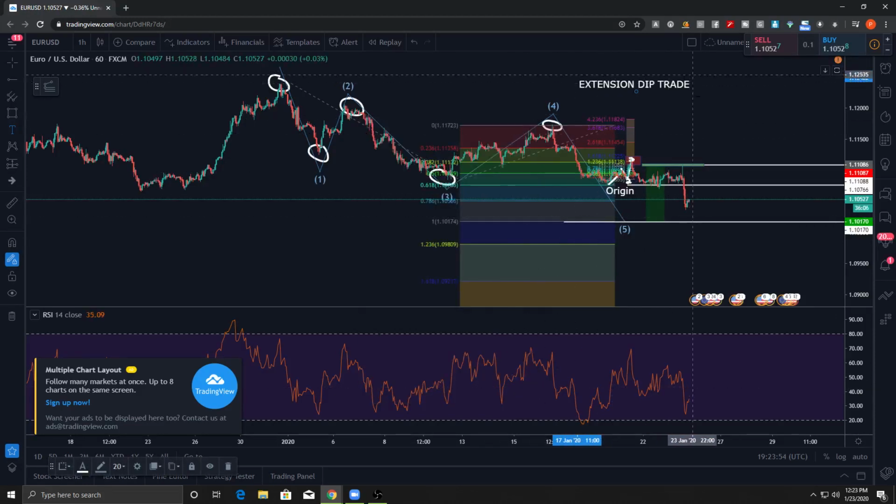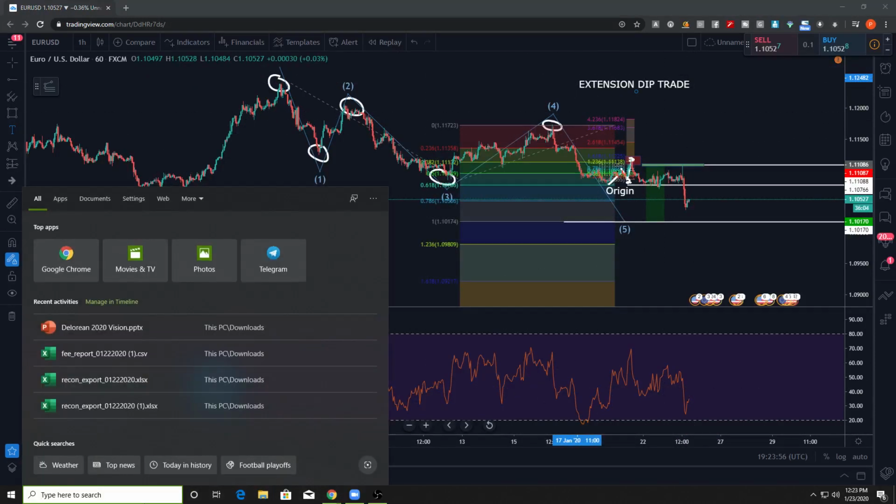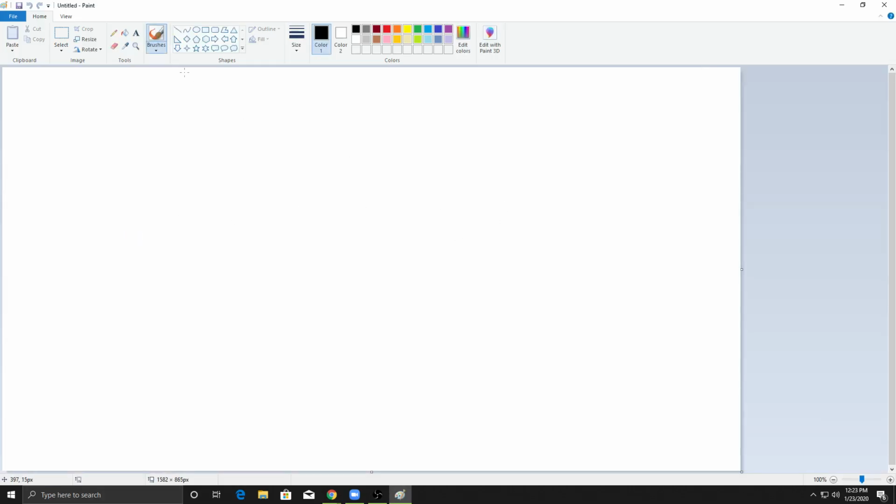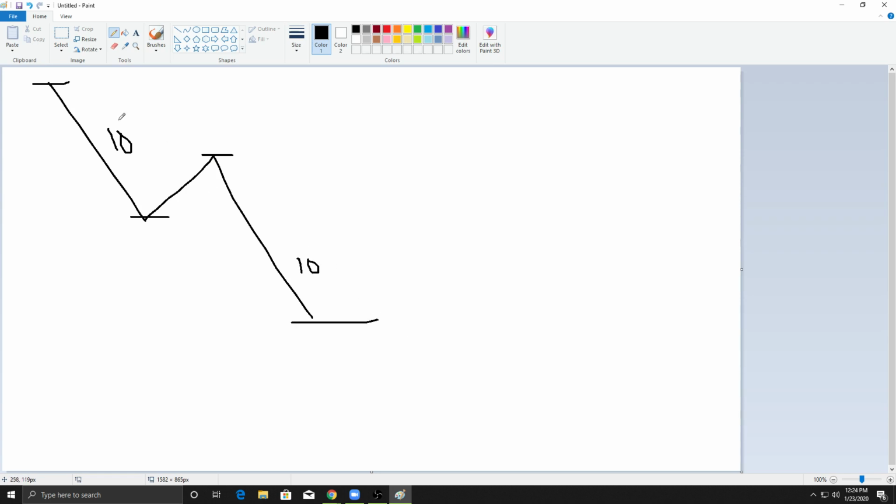From a basic point of view, if I open up Paint, I'll explain really quickly what this means. All an extension dip trade means is that markets are always moving in symmetry. Symmetry says if this is 10 pips from here to here, then from here to here is 10 pips. That's all symmetry is. It's just showing the symmetrical side of the market.